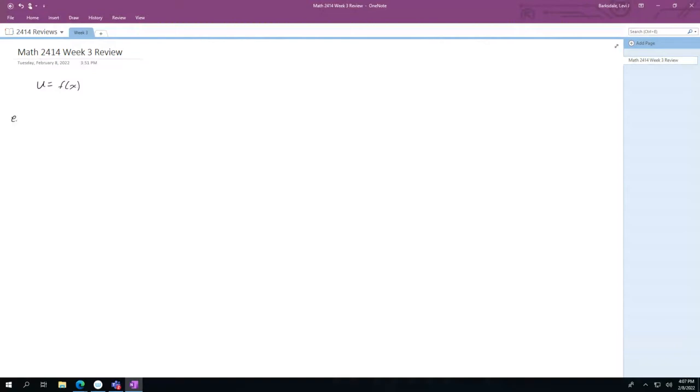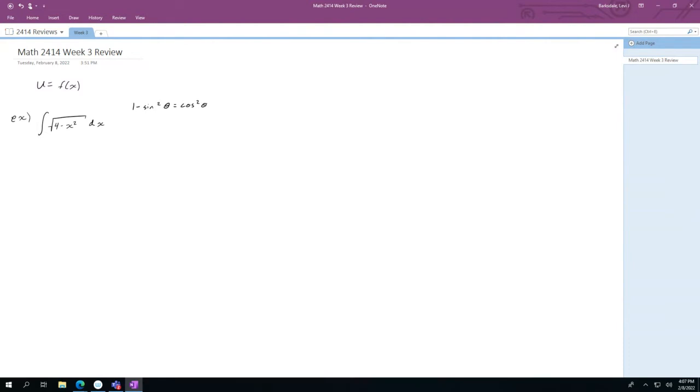So let's just start out with an example. If I had the integral of the square root of 4 minus x squared, my whole goal is to use a trigonometric identity to simplify this. And I know that 1 minus sine squared of theta is equal to cosine squared of theta.